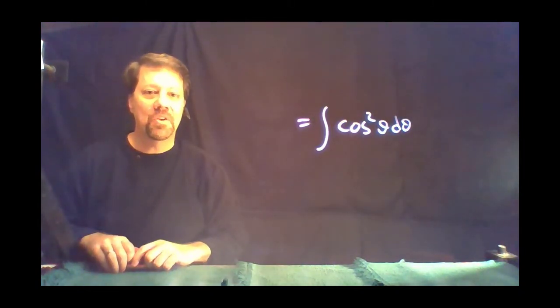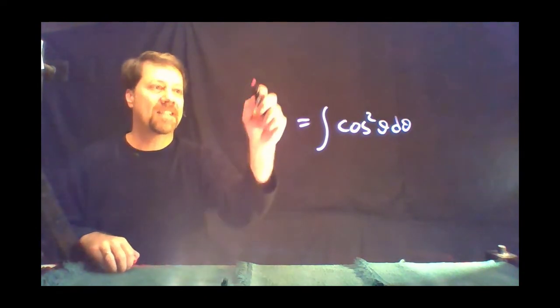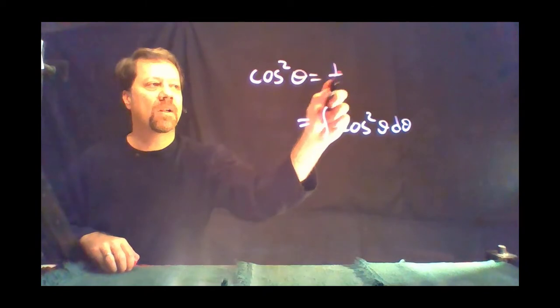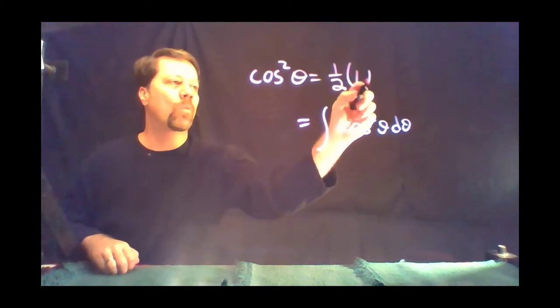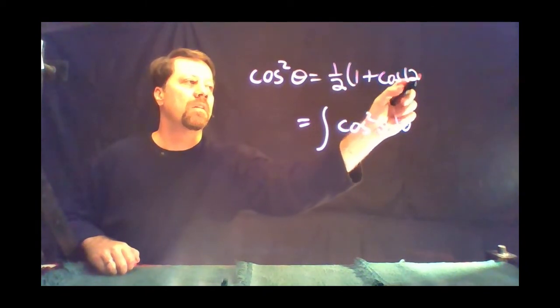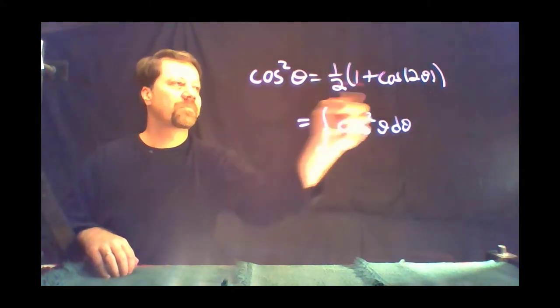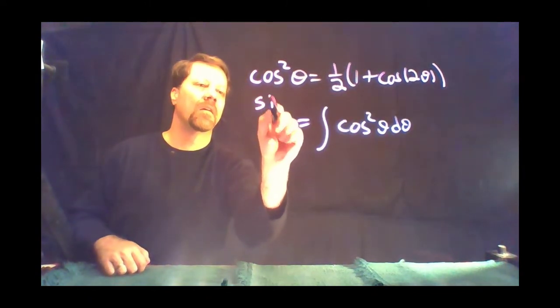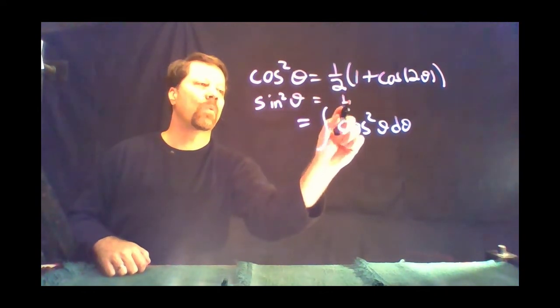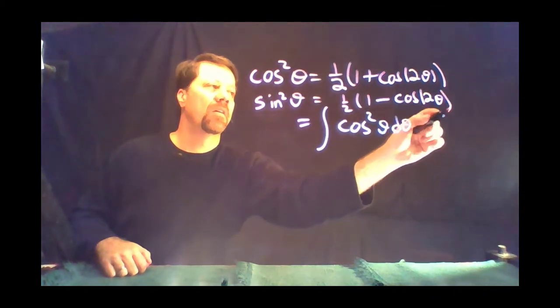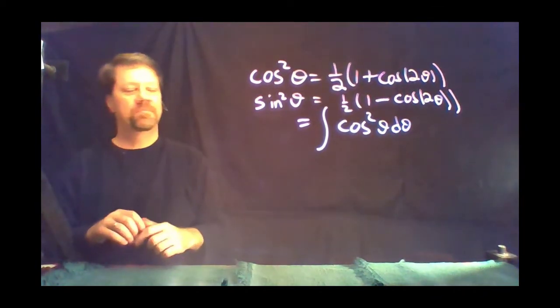Here, you need to remember your half-angle identities. In particular, you need to know that cosine squared theta is 1/2 times the quantity 1 plus cosine 2 theta, and also sine squared theta is 1/2 times the quantity 1 minus cosine 2 theta.